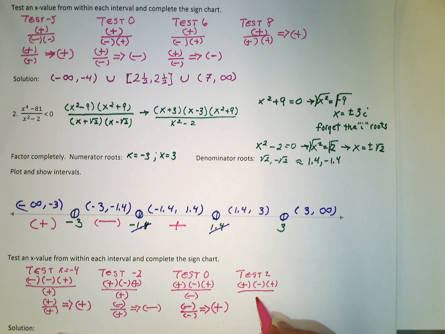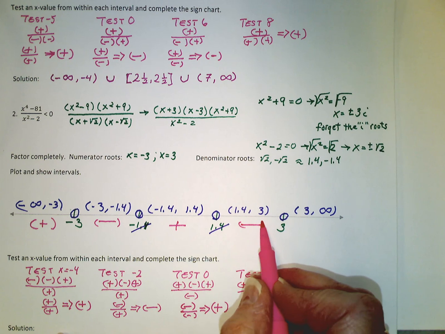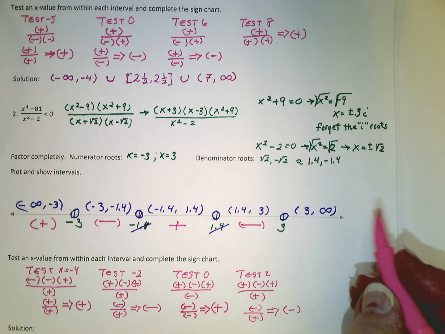That's going to give us a positive. Well, that's going to give us a negative numerator and a positive denominator. So overall, negative result. For this entire interval, any x value is going to make the fraction come out negative.